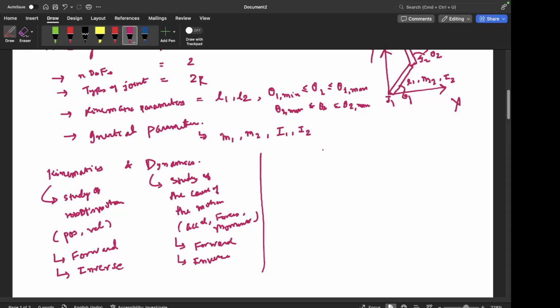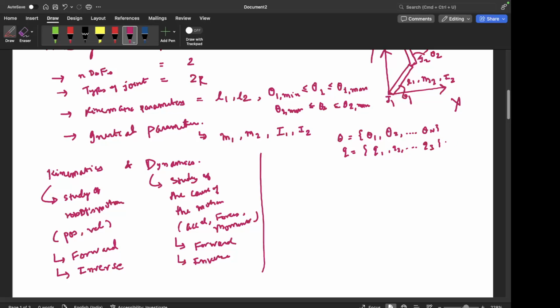Before I discuss that, as I mentioned, we have the degrees of freedom. In the case of an all-revolute joint robot, it would be theta 1, theta 2, up to theta n. Or in a more generic sense, I can write the joint variables, since the joint can be revolute, prismatic, anything, as q1, q2, q3.